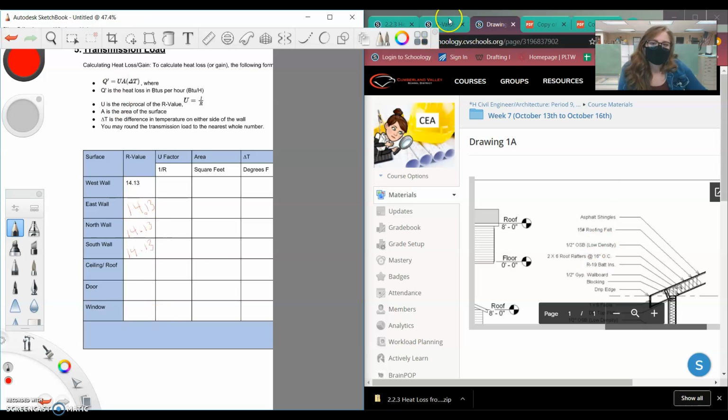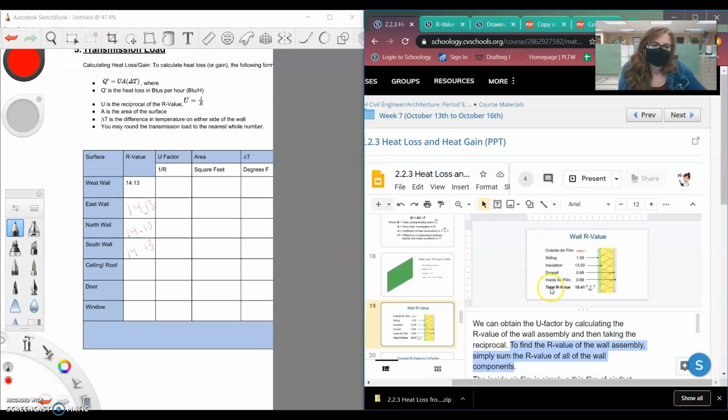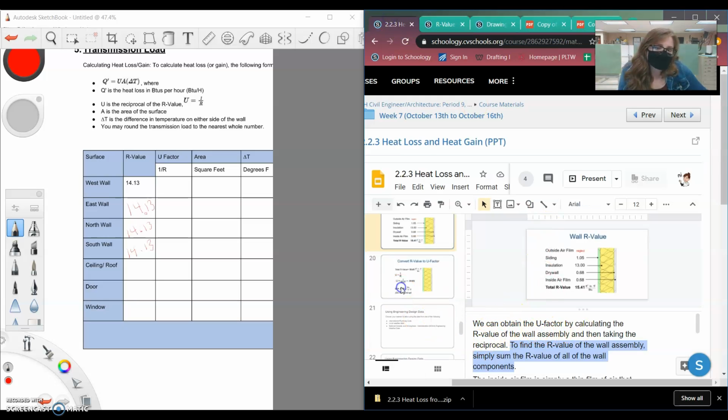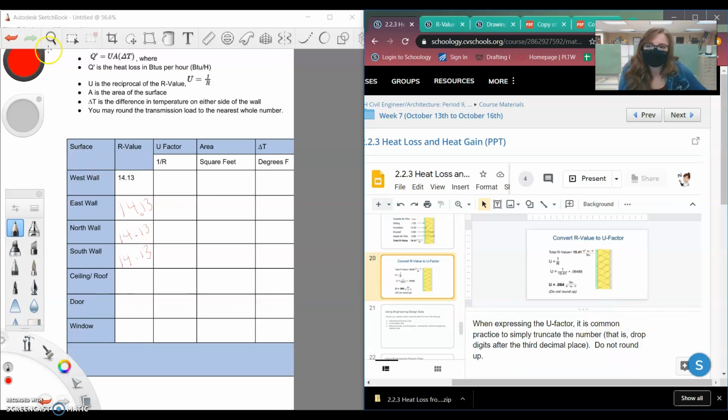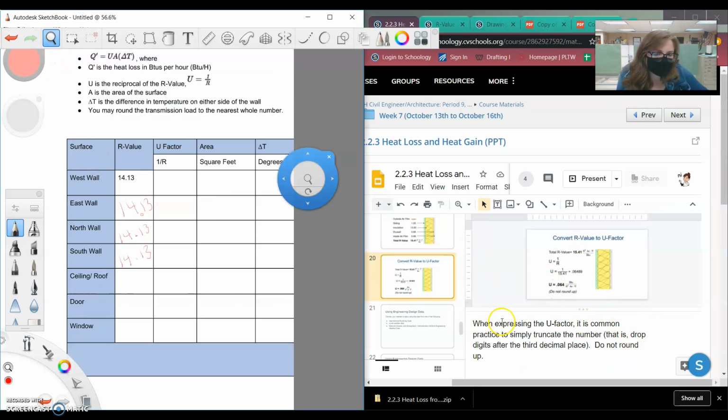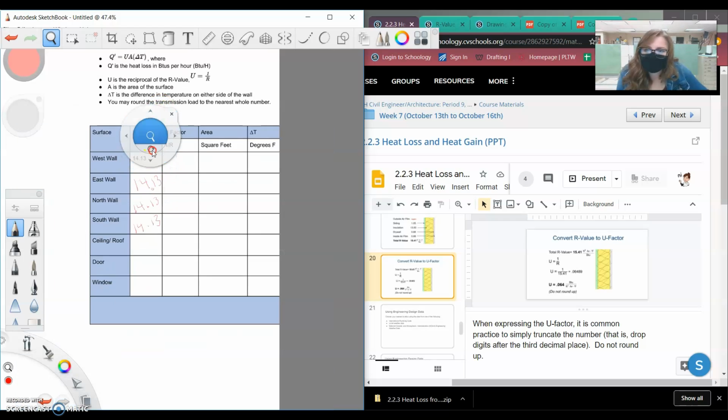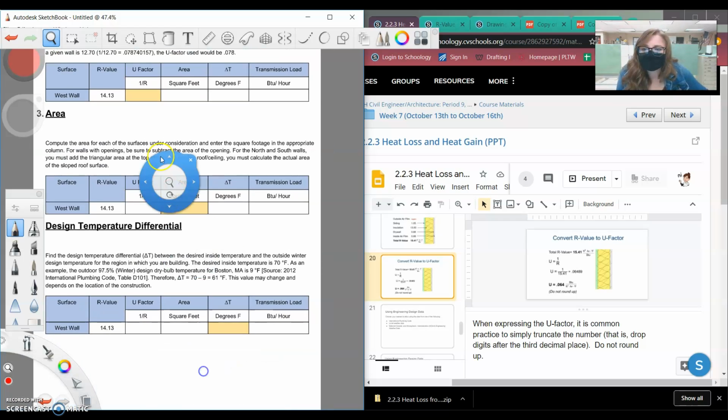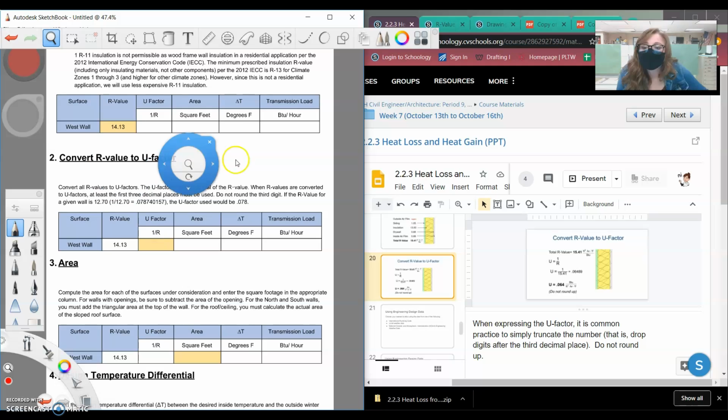Now, it said in our PowerPoint that we take the reciprocal of R to find the U factor. So, to do that, that's step 2. In the PowerPoint, it takes U equals 1 divided by the R value.